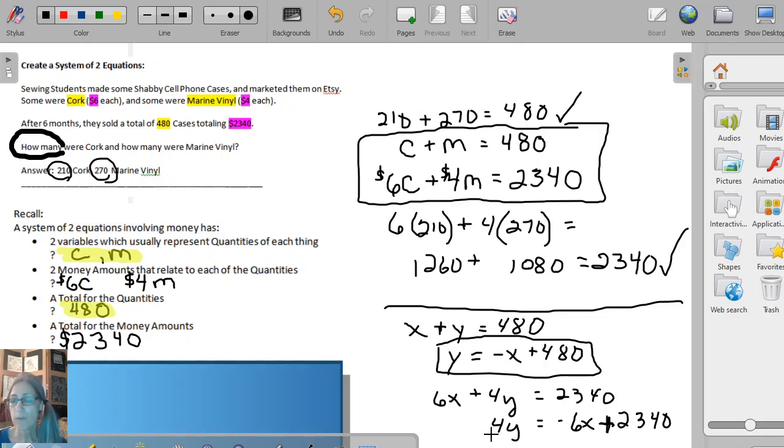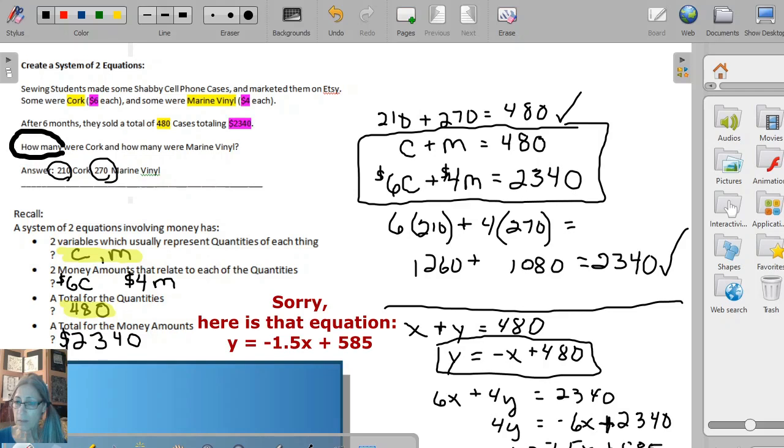And we have to divide both sides by 4, so here we get y equals, remember we're going to divide both of these terms by 4, so it'd be negative 6 over 4, which is really just negative 1.5x, and then 2340 divided by 4 is 585. So this is our second equation.